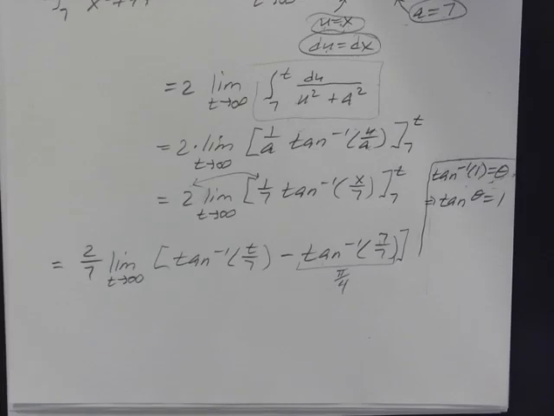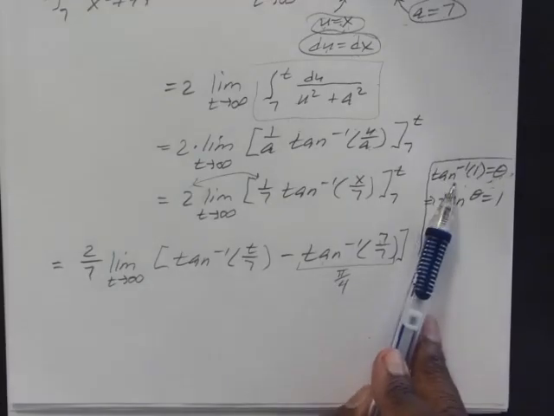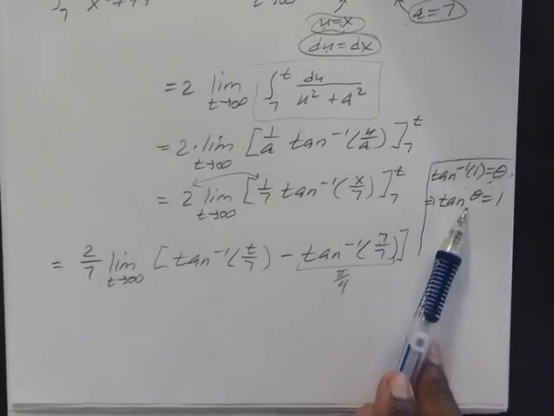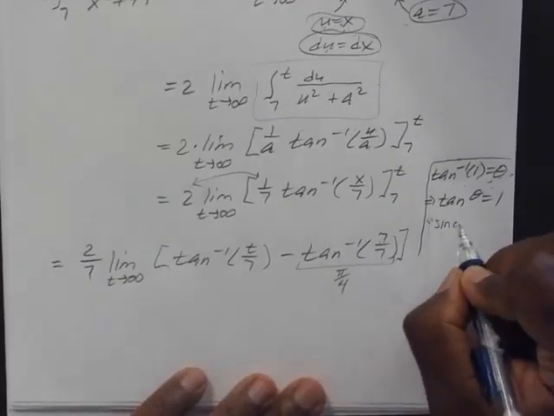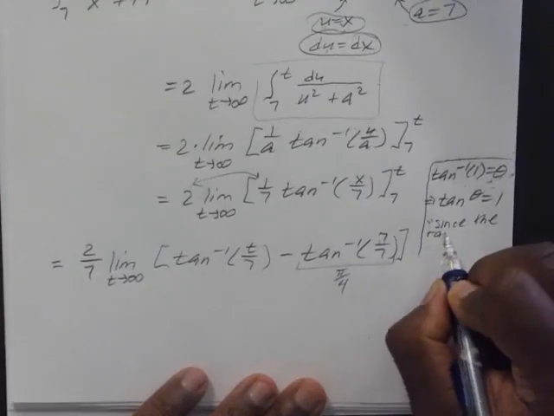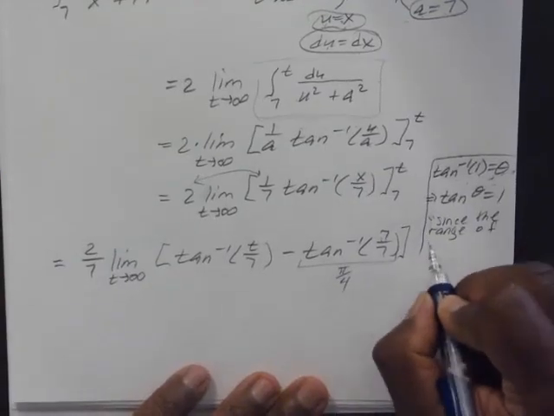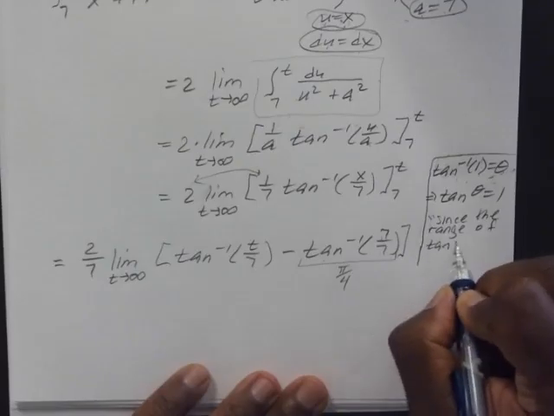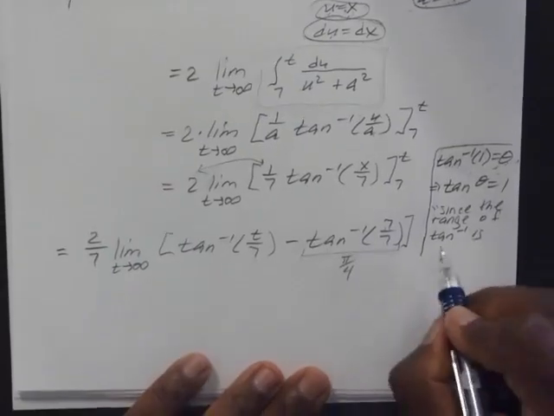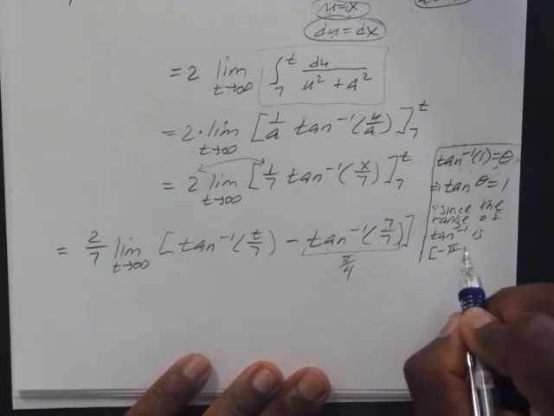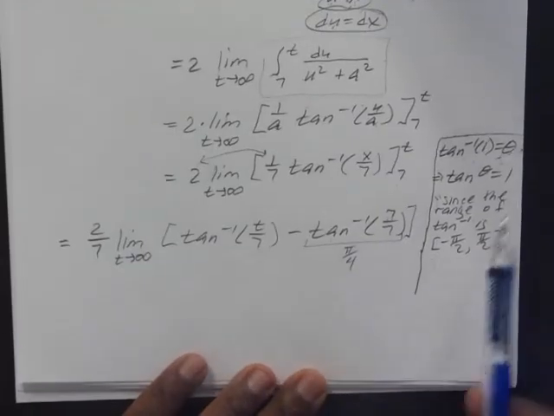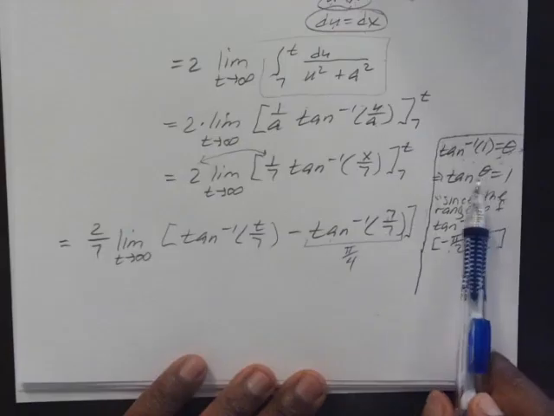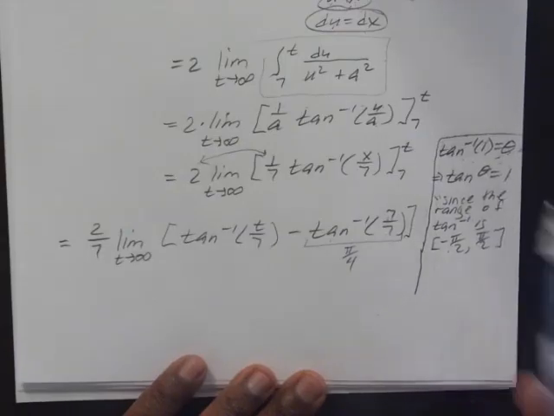Okay. So we know that the range of tangent inverse is between negative pi over 2 and pi over 2. So we have to pick a value of theta between negative pi over 2 and pi over 2 that equals 1. So since the range of tangent inverse is negative pi over 2 to pi over 2, the only value between negative pi over 2 and pi over 2 that will make tangent of theta equal to 1 would be pi over 4.